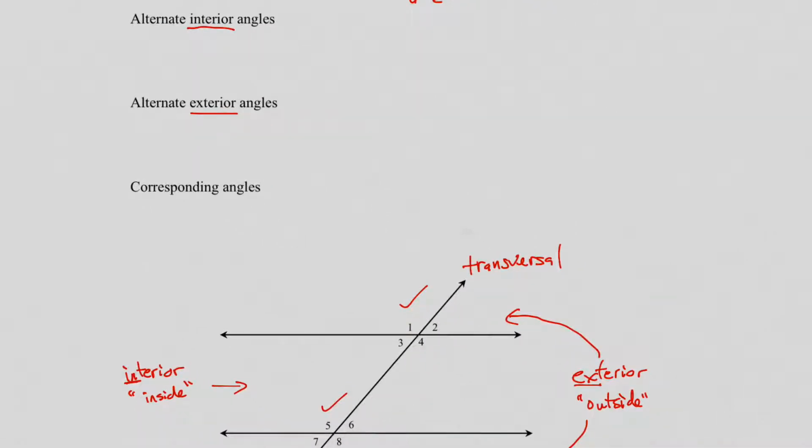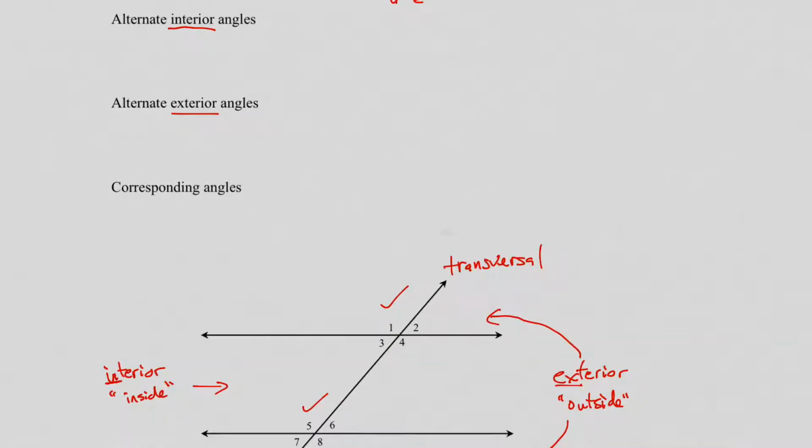So if I say alternate interior, so these are interior angles. So these are interior angles on opposite sides of the transversal.